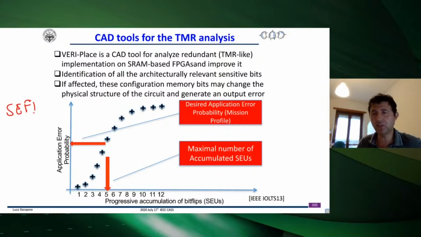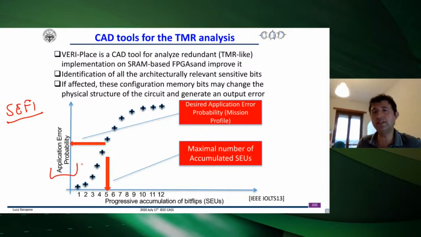At the beginning of the presentation, I was talking about SEU, this phenomenon of flipping the configuration memory or the user memory, transients that we understand. But how do you identify if an application is going to have a SEFI, so the function that doesn't work anymore? You need to put this information together in a single tool that allows you to accumulate the effects in the bit and connect this result to the application error probability.